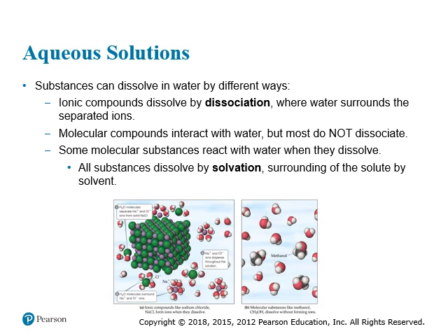The process of dissociating means to break apart into ions when placed in solution. So an ionic compound like sodium chloride, when you place it in water, the sodium cations and the chloride anions that are attracted to one another are going to break apart and spread out into solution.